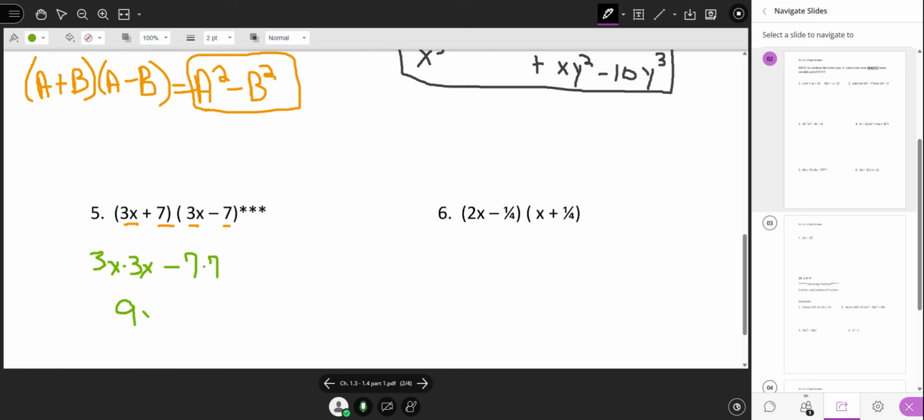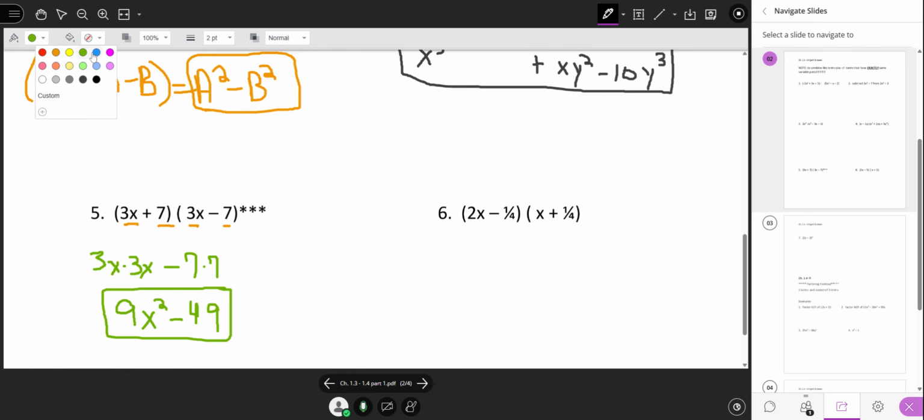So x times x is x squared. And 7 times 7 is 49. I like this problem. It's so nice. And then comes number 6, which looks the same.